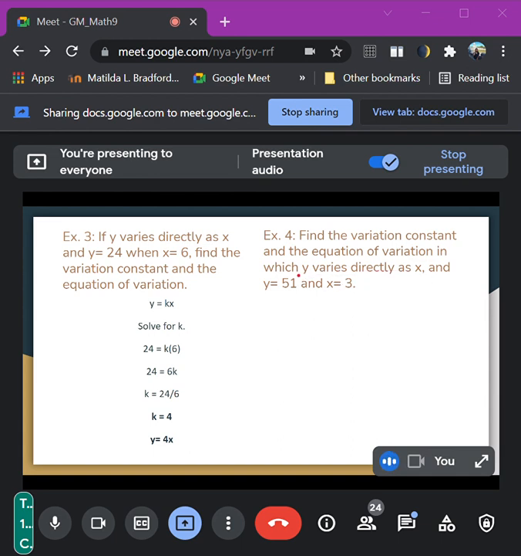Okay? So that can be the basis for how you will answer it. So, you have there y varies directly as x. So, how are you going to make that one into an equation?